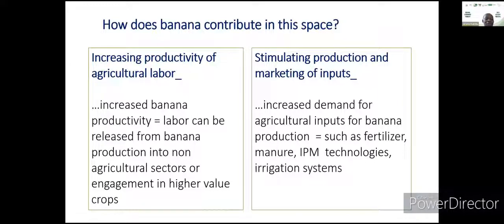And that translates into transformation of the production sectors, and then we have higher value for crops, including bananas. And then we stimulate production and marketing of inputs, because right now the banana seed system is not very well developed. One of the reasons is probably that farmers don't have a lot of money to buy these technologies, including seeds.